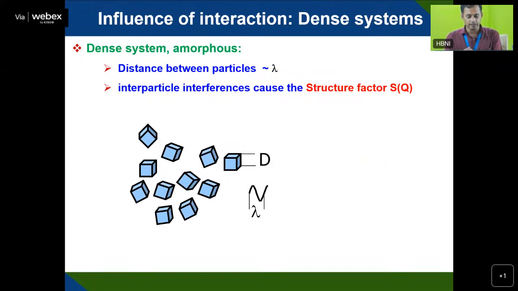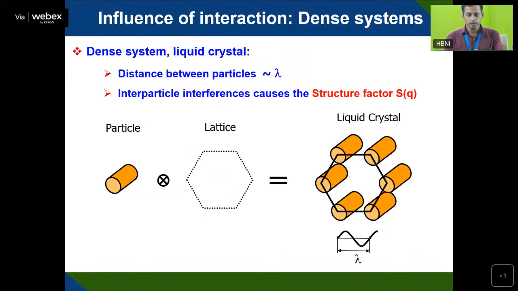But when you have a dense system, the interparticle interaction comes into the picture. You can see a large number of particles here, so there is an interparticle interaction. Because of that, the S(Q) factor comes into the picture in the dense system. You can also get information like liquid crystal, where you can see there is an ordering of particles, here a hexagonal lattice.